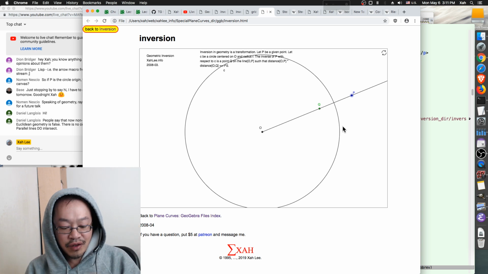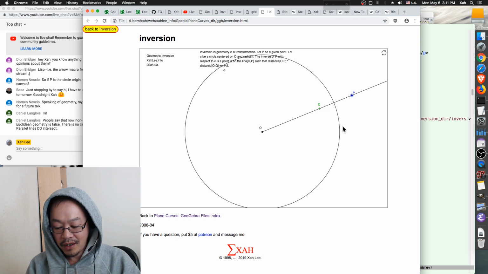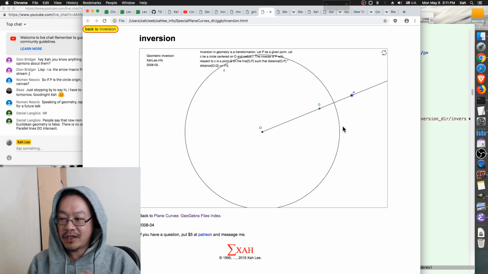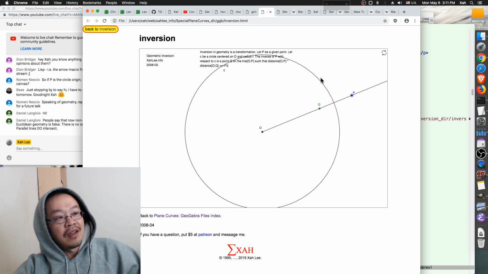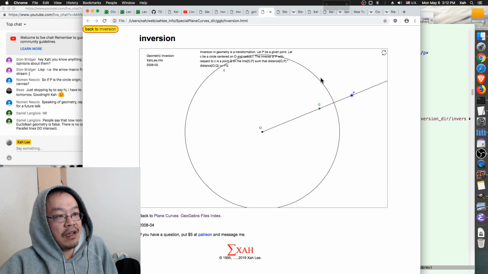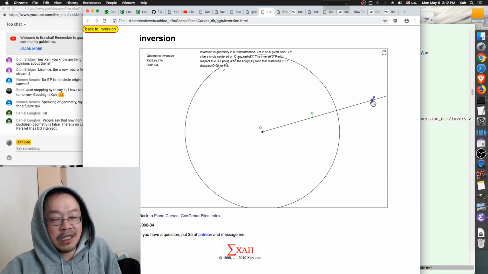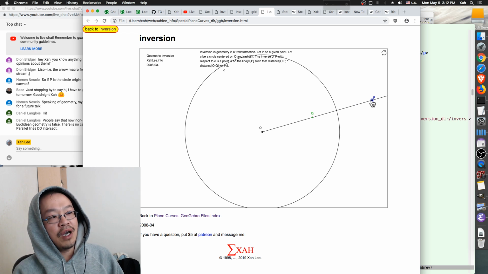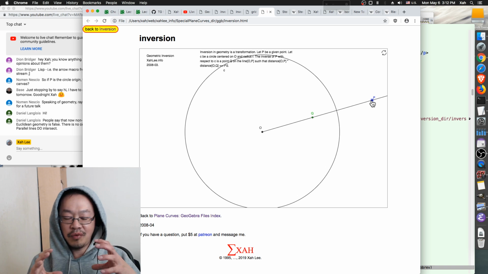Now this is the three-dimensional case of geometric inversion. But how does it relate to stereographic projection? Now, the 3D case of inversion, I'm not sure I did a good explanation. You have to imagine it and convince yourself how it works.